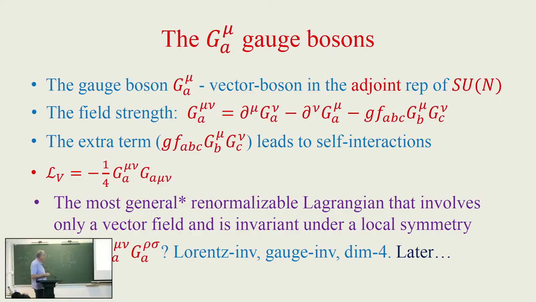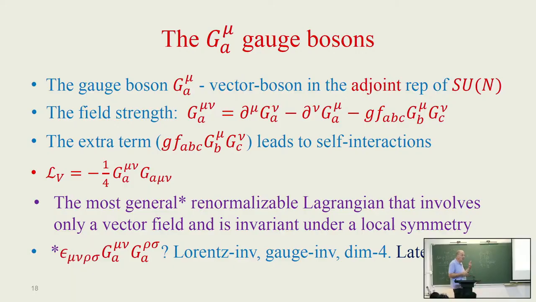Turns out that yes. To find something that is invariant under Poincare and invariant under SUN and depends on the G fields, we define something that we called field strengths, G mu nu A, which is d mu G nu A minus d nu G mu A minus g F ABC G mu B G nu C. In the abelian case, we have d mu A nu minus d nu A mu, but we did not have this extra term.